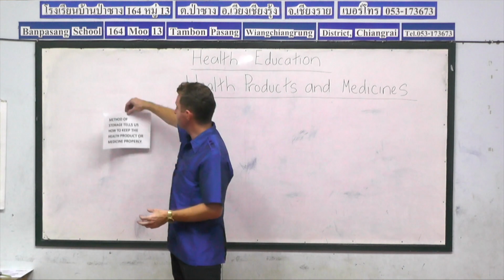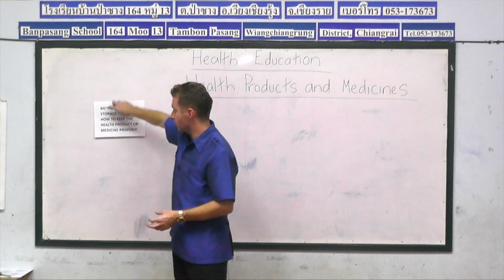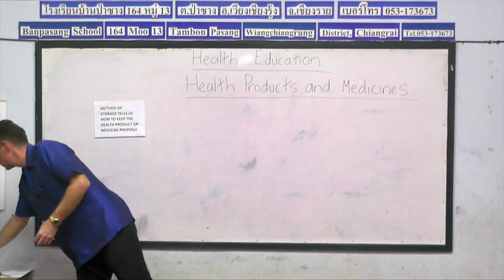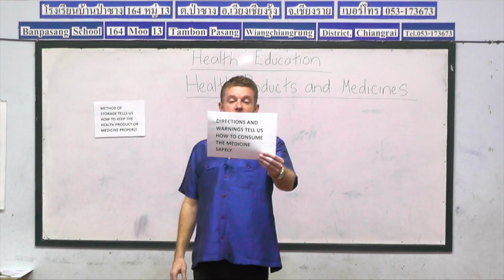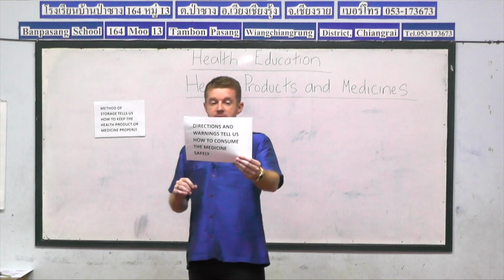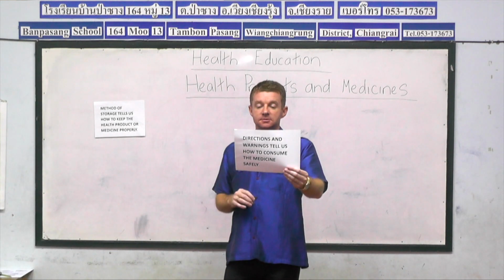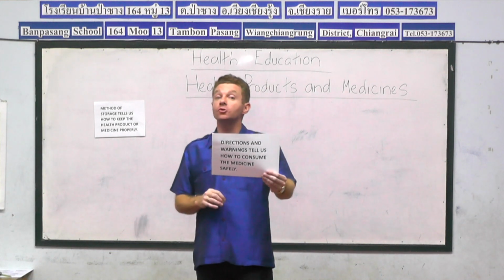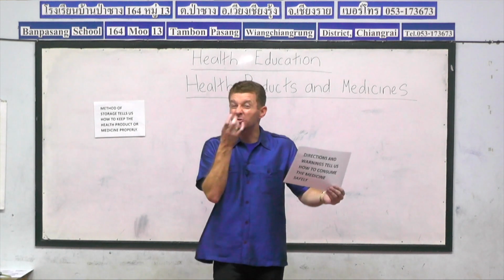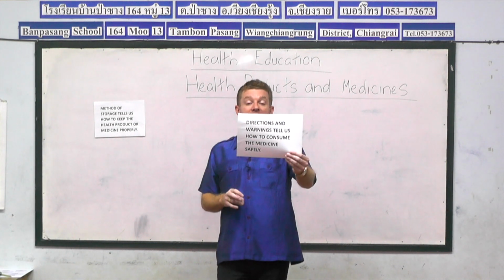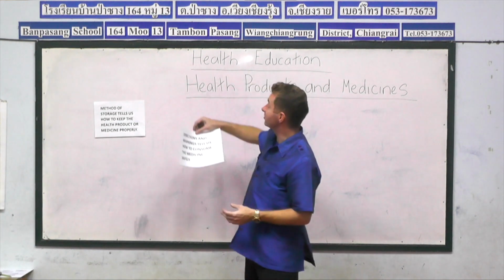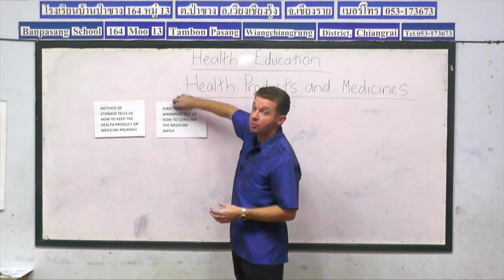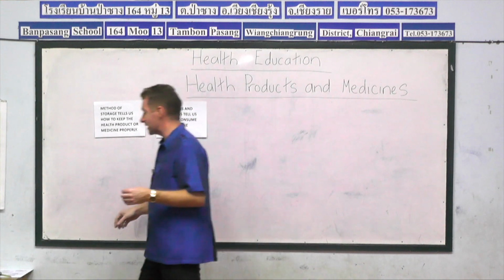Okay, so if you get that sentence, guys, that's how it goes together. And the second one, directions and warnings tell us how to consume, which means to eat, the medicine safely, which is very important. We need to know how to consume medicine safely.